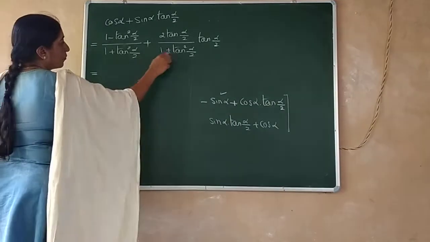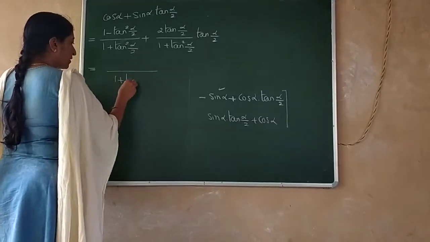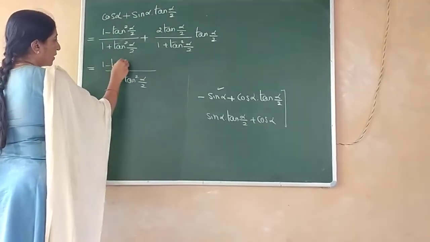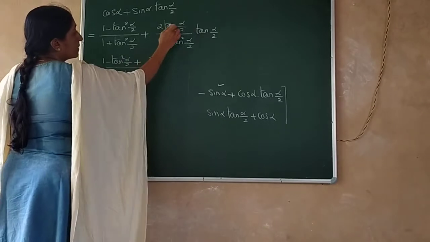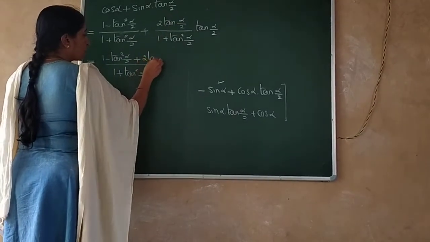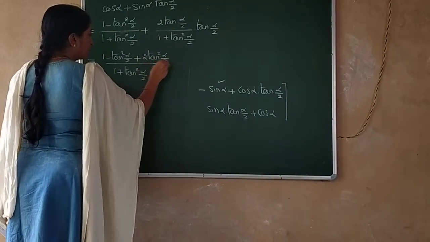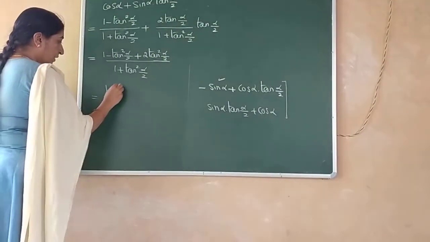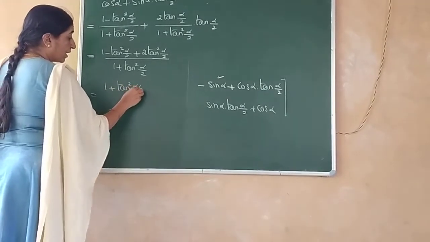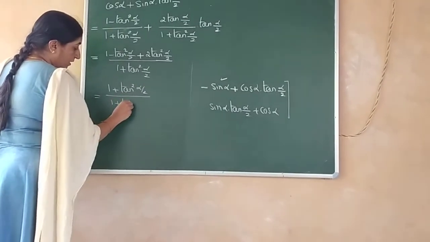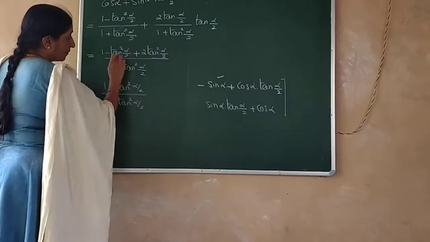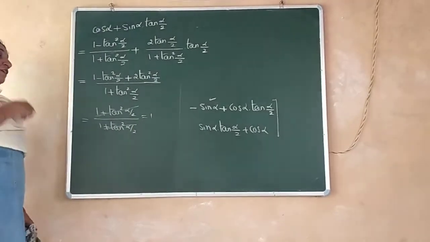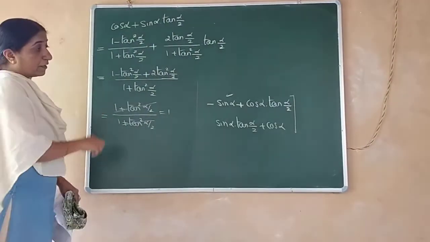So here the LCM is 1 plus tan square alpha by 2. The numerator is 1 minus tan square alpha by 2 plus 2 tan square alpha by 2. Minus tan square alpha by 2 plus 2 tan square alpha by 2 is tan square alpha by 2, and the denominator is 1 plus tan square alpha by 2. Remember, this has a plus sign. They get cancelled. Answer is 1. And in equation 1 also, the first element is 1.